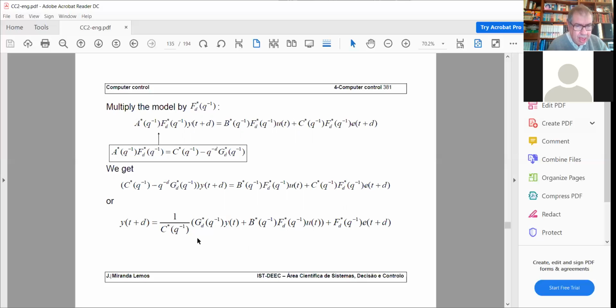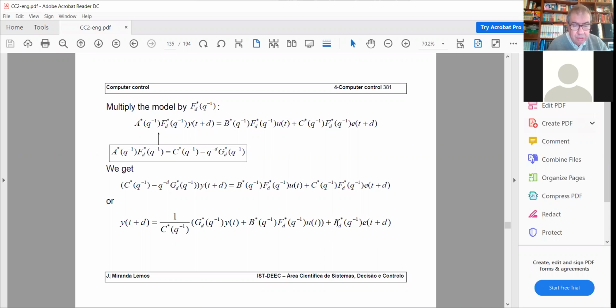So everything up to this plus sign depends on time t or the past. This is noise that appears at time t plus 1 and in the future.